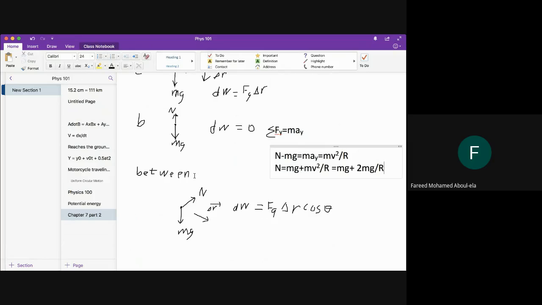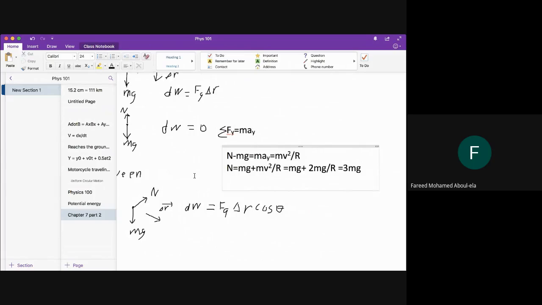Okay, and which is equal to just 3 times mg. So this turns out to be 30 kilograms times 3. So we can say it's 90 kilograms times 9.8 meters per second squared, and that is equal to 882 newtons.